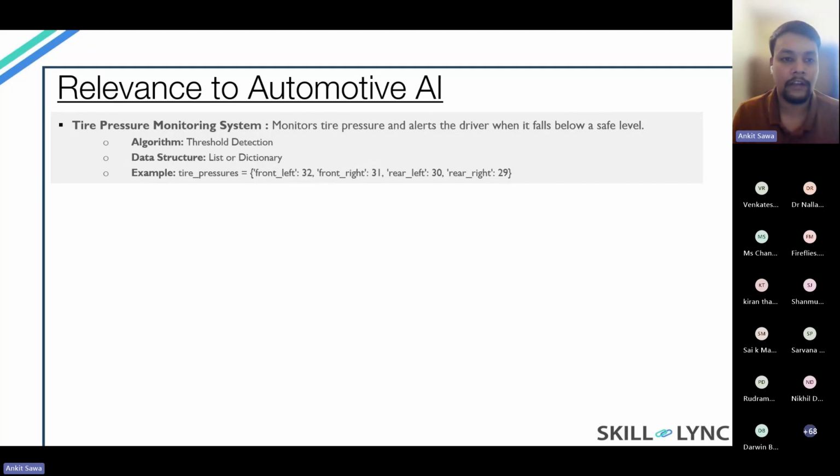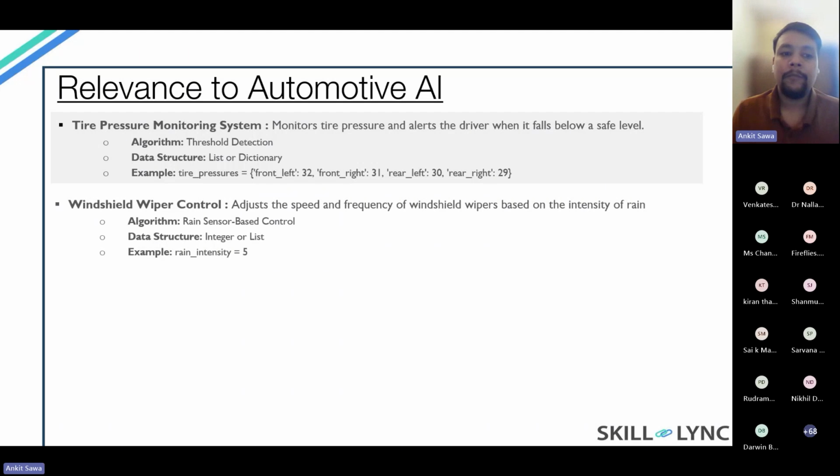That becomes our algorithm. Similarly, a data structure is a way in which we store this data, such as lists or dictionaries. You can see one example clearly here. The tire pressures on the front right and left, and the rear right and left, are organized in a particular data structure. This is an example of how the computer perceives the data.